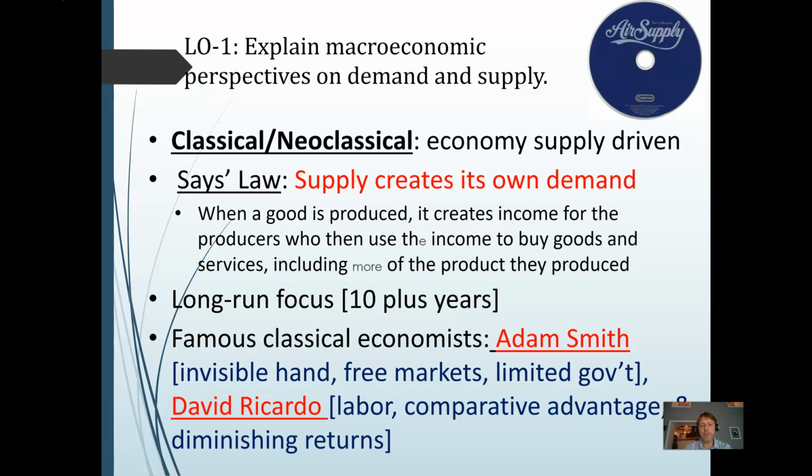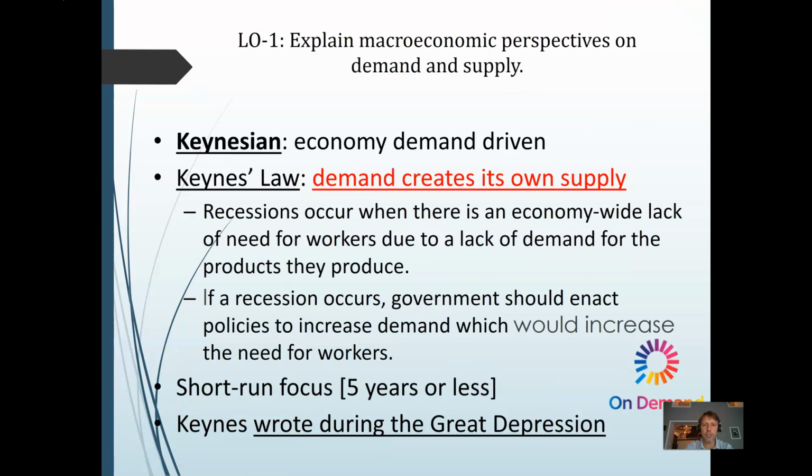A couple of famous classical economists in this neoclassical classical view are Adam Smith, who's known for the invisible hand thinking, free markets, and the limited role of government, and a little more recent, David Ricardo, who's thinking about division of labor, comparative advantage, and diminishing returns, things we will talk about in future lectures.